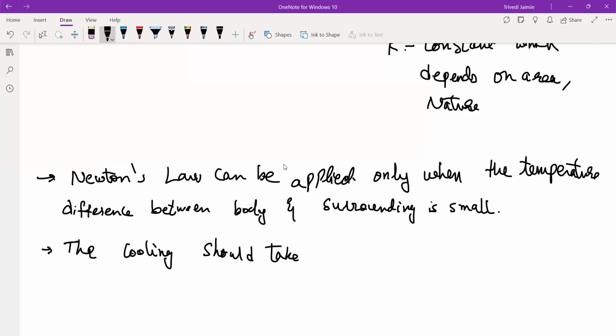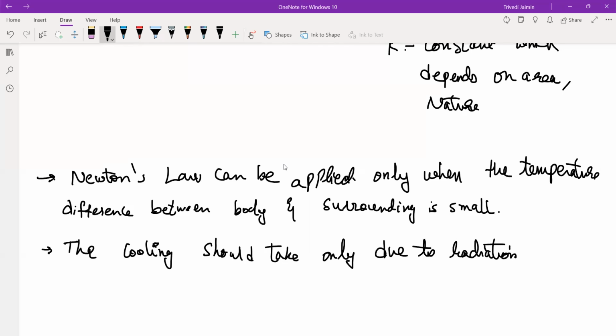We are writing this statement from the example of coffee. The condition is that it should take place only with radiation, not with, like, adding more cold water.